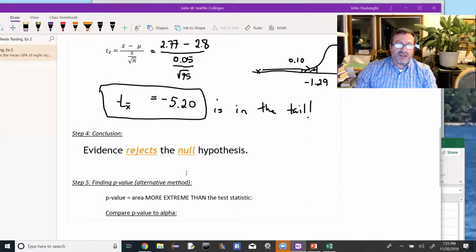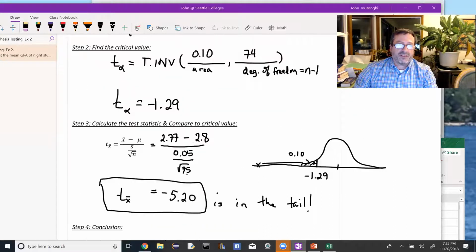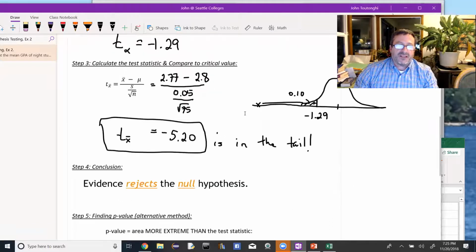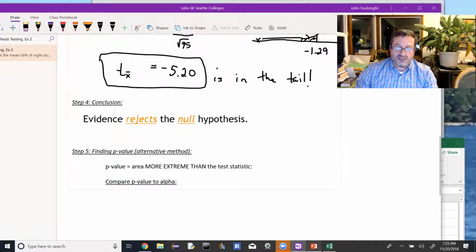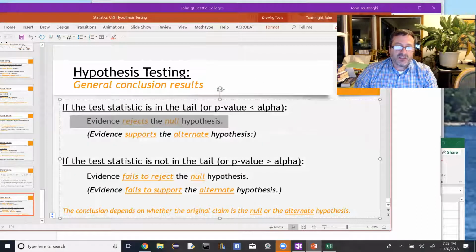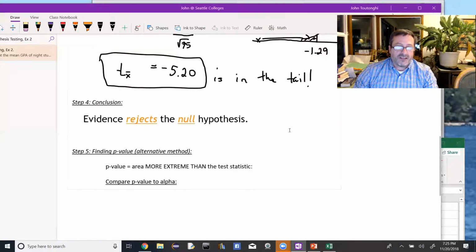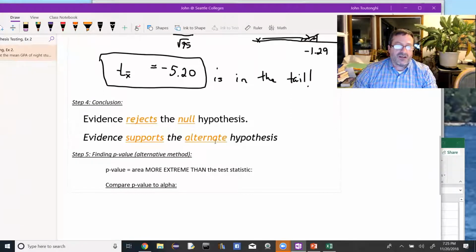So I want to scroll back up and look at my original hypotheses and determine, you know, for the homework, it doesn't matter because it's only asking about the null hypothesis. But in general, we want to know about what's happening with our claim. So in this case, my claim is not the null hypothesis. So I would have to switch the word reject to the word support, and the word from the null hypothesis to the alternate hypothesis.